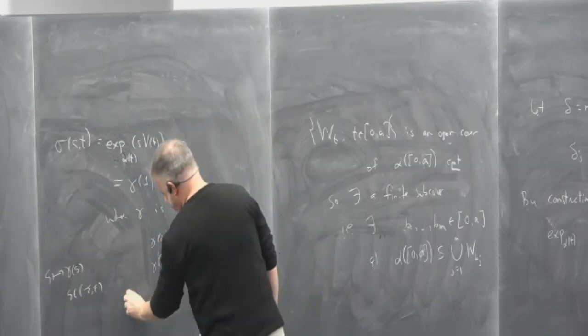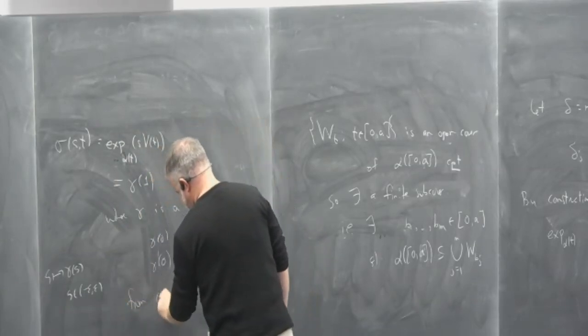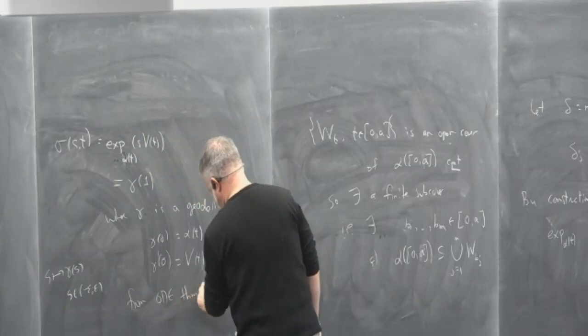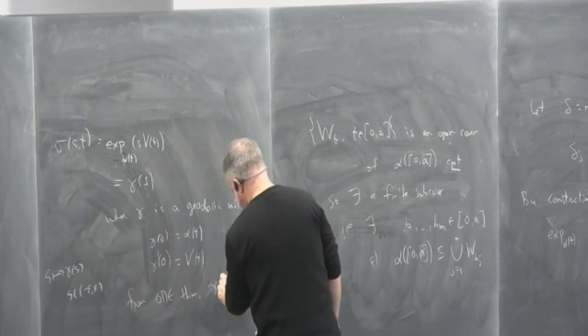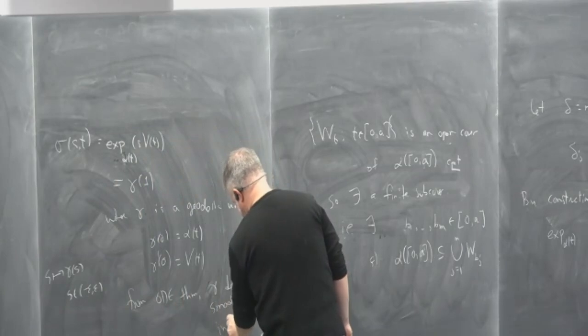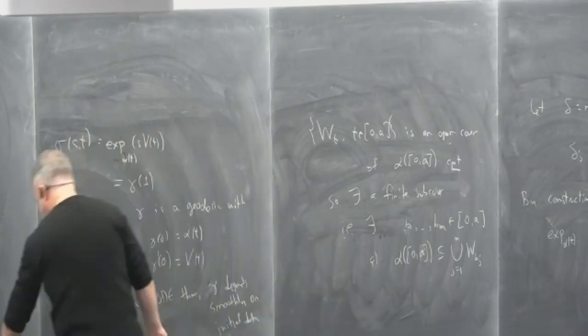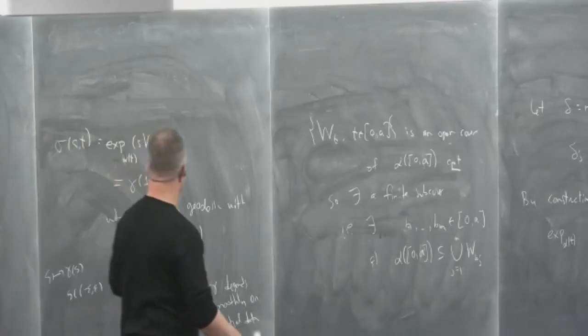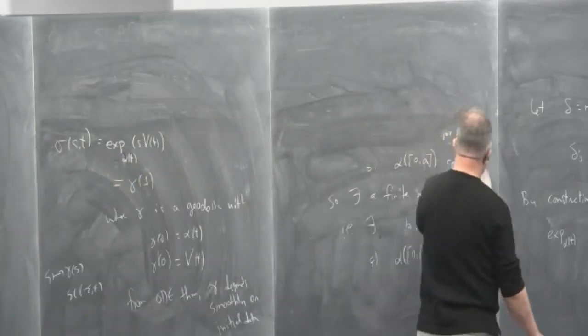And recall from the ODE theorem, gamma depends smoothly on the initial data, which is the initial point and the initial velocity.